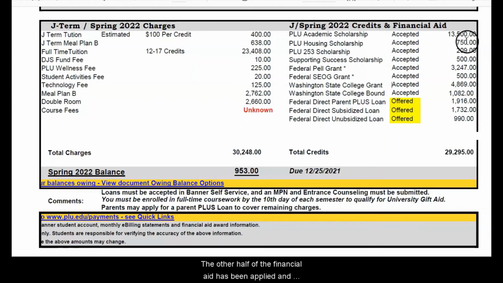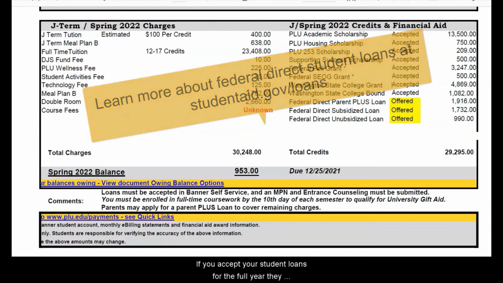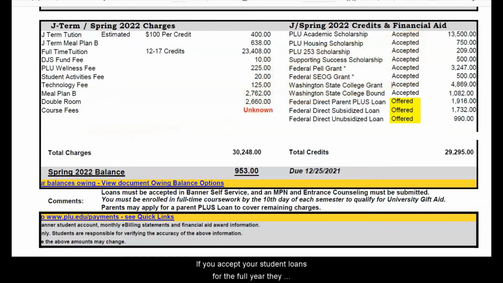The other half of the financial aid has been applied, and again, most of it is automatically accepted. Those student loans are offered. If you accept your student loans for the full year, they would show accepted down here as well. But it's the same scenario where the estimated cost summary has included the amounts that these loans would pay out into the total financial aid and credits.